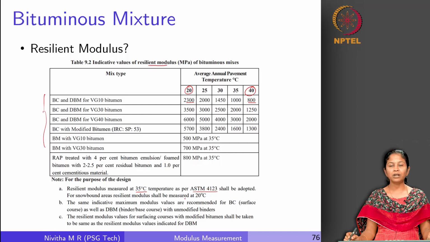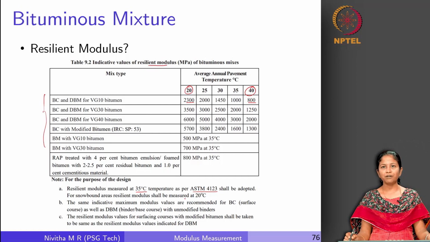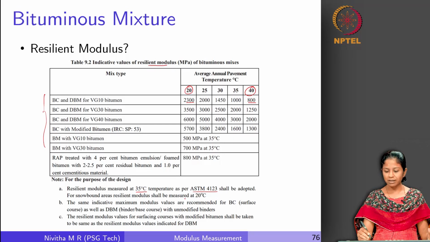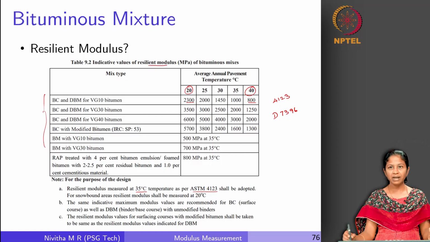Hence, it might be difficult to use, however, for the sake of completeness and to comply with the IRC codal provisions, we will see how to measure this with the D4123 procedure. In addition, we will also see how to measure this as per the current standard, ASTM D7369. So, we will be going through both procedures for measurement of resilient modulus for bituminous mixtures.